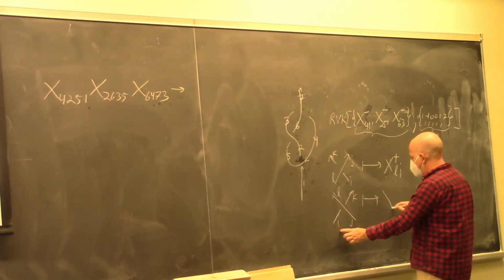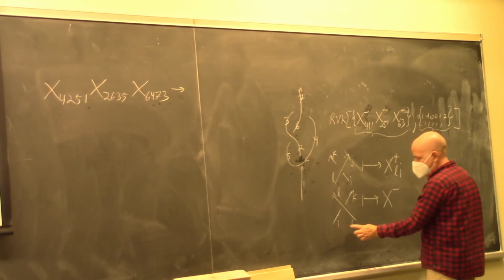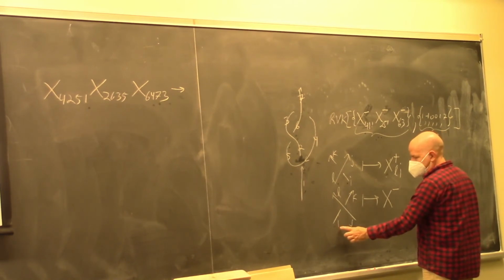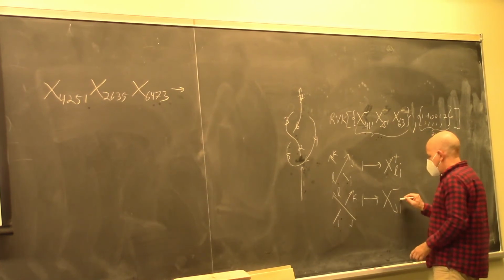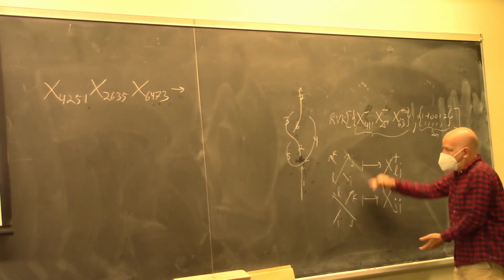So this should become X minus, this is J over I. So basically I have to apply this rule.